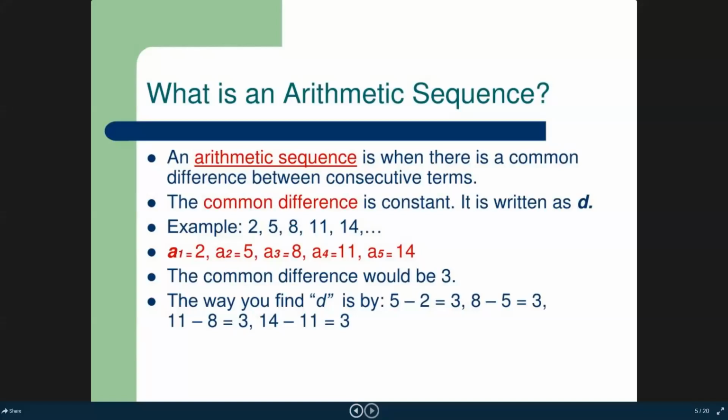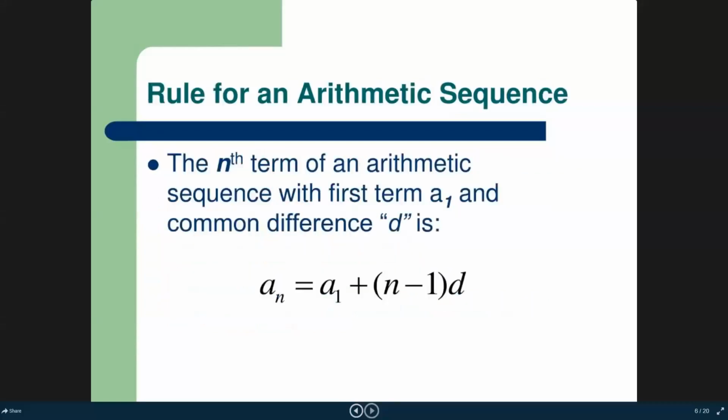And you can actually now write down the general term of an arithmetic sequence if you know the first term and the common difference. So there is a relationship we can use, right? Look here. The nth term of an arithmetic sequence is equal to A1, which is the first term, plus n minus 1 times d.